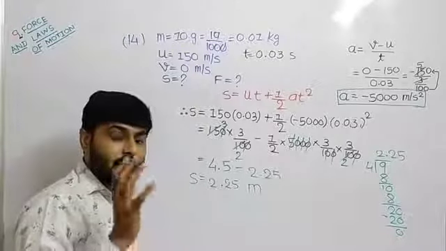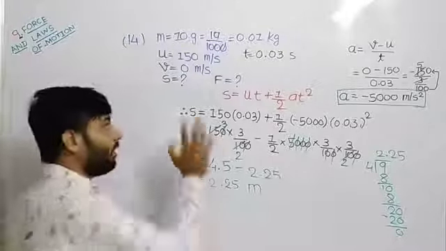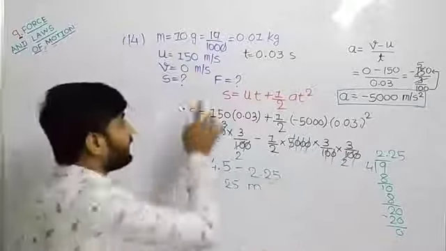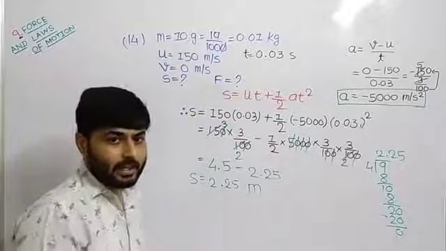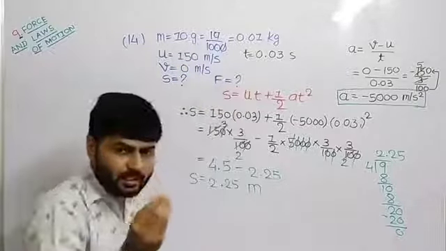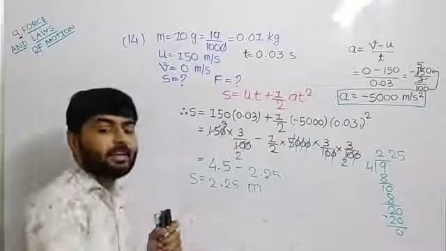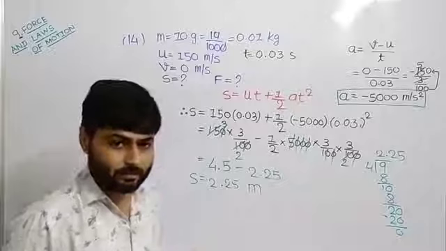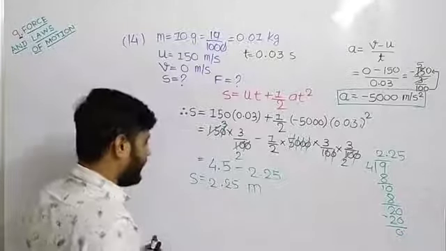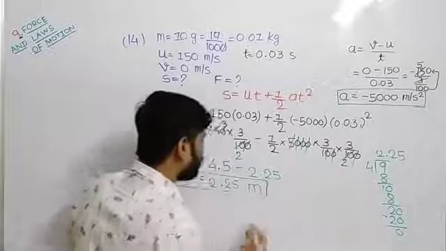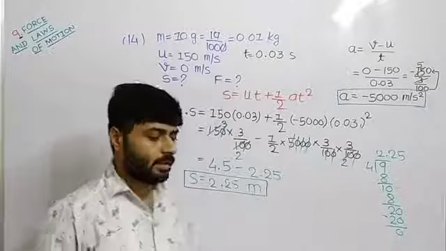You can imagine how fast this bullet came into the wooden block, that is 150 meter per second, and in only a fraction of time, 0.03 second, it will penetrate into the wooden block. I hope you can imagine the situation. So we have the distance penetrated, that is 2.25 meter.